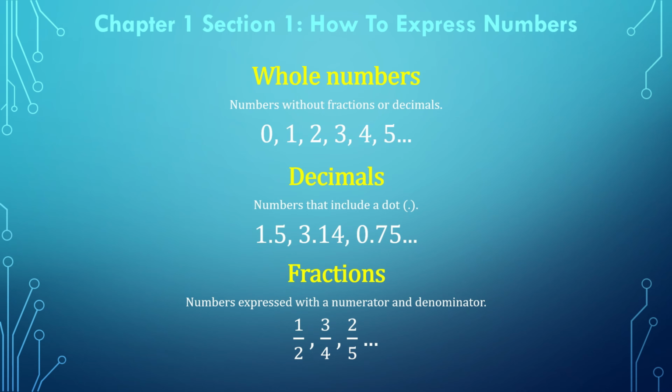If the numerator is 1, you read the denominator as a singular ordinal number, and if not, you read the denominator in plural. Alternatively, you can read fractions using "over", and just call them 1 over 2, 3 over 4, and 2 over 5. This way is easier when dealing with large numbers.